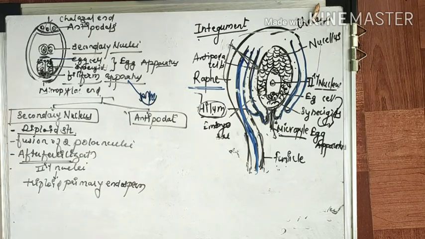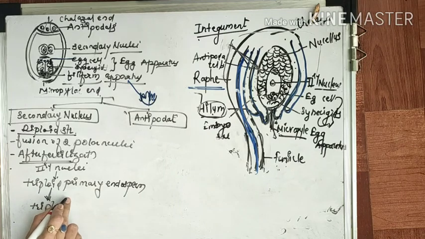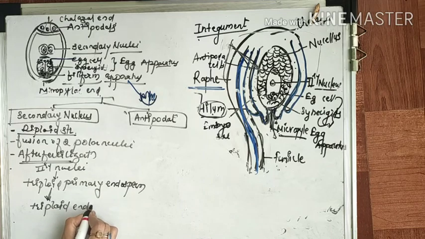They form this after fertilization, and this structure produces the triploid endosperm.